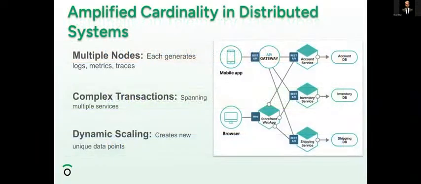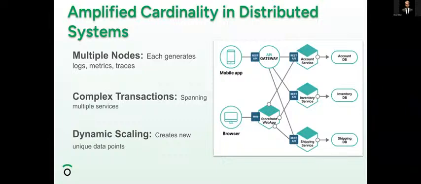So let's talk about distributed systems. Distributed systems are where high cardinality truly becomes a challenge. As these systems grow, each service or node generates its own unique set of metrics, logs, and traces, which cause the number of unique data points to increase exponentially. This isn't just about the number of nodes, but also the relationships between them, like cross-service communications or dynamically created instances like pods.